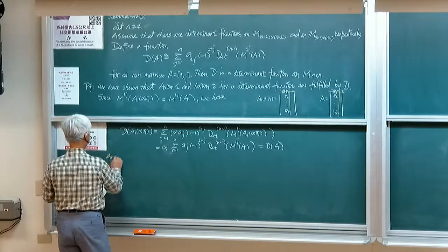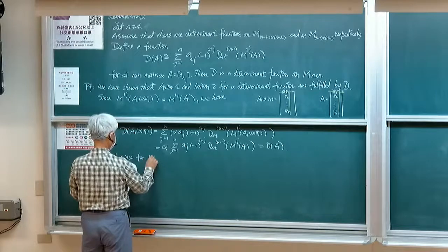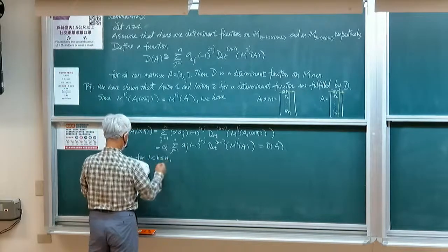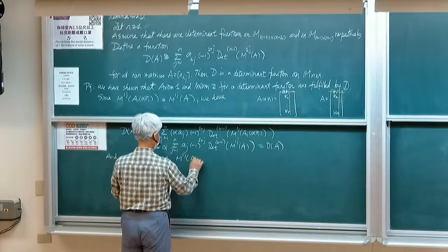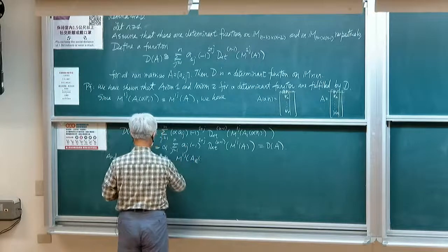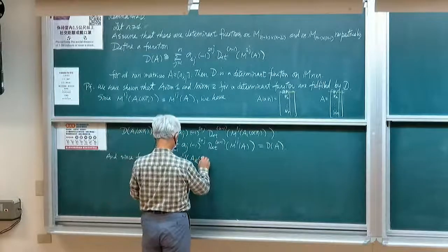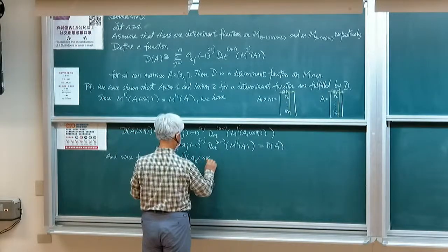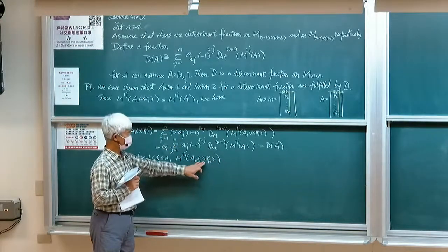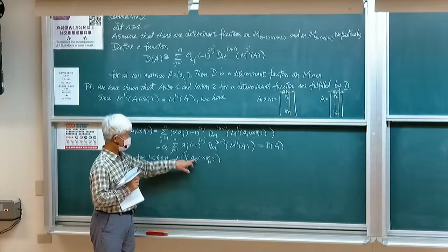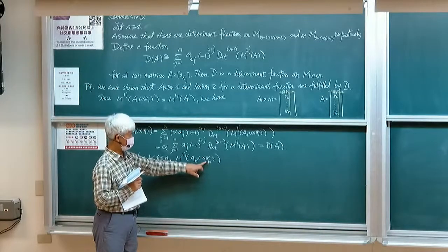And similarly for the k-th row, we consider M1j of A with Rk replaced by alpha Rk. So A with k-th row alpha Rk means that we replace the k-th row of A by a multiple alpha of the k-th row.